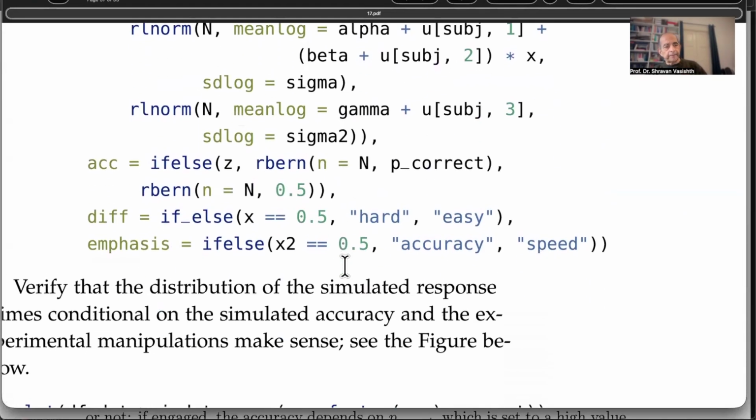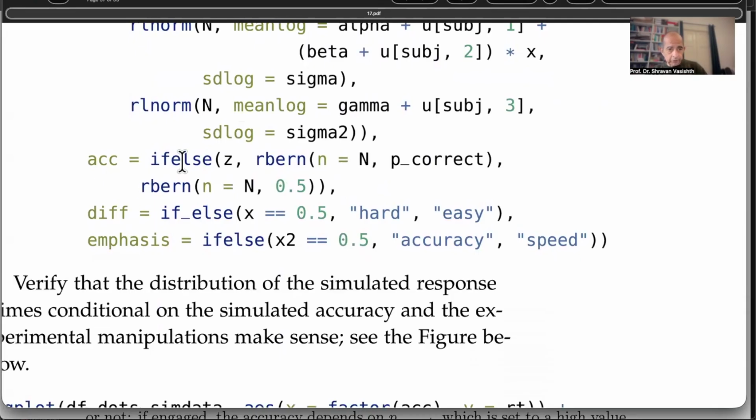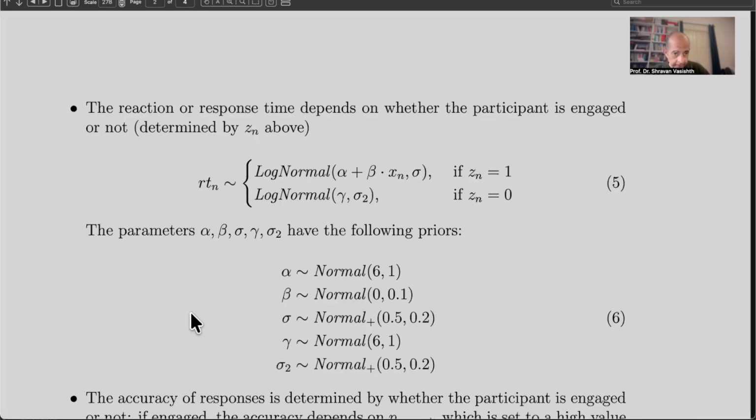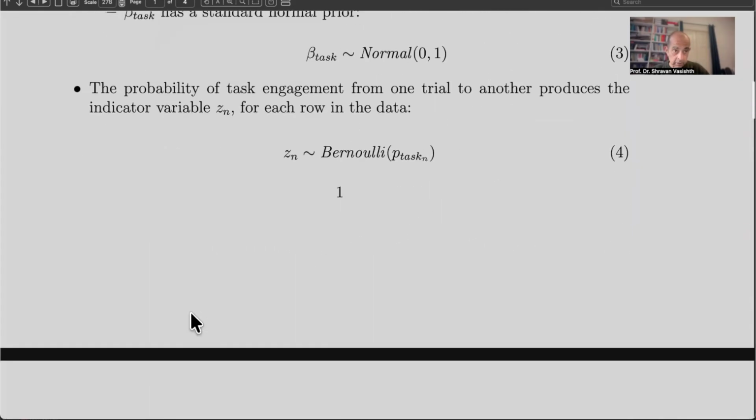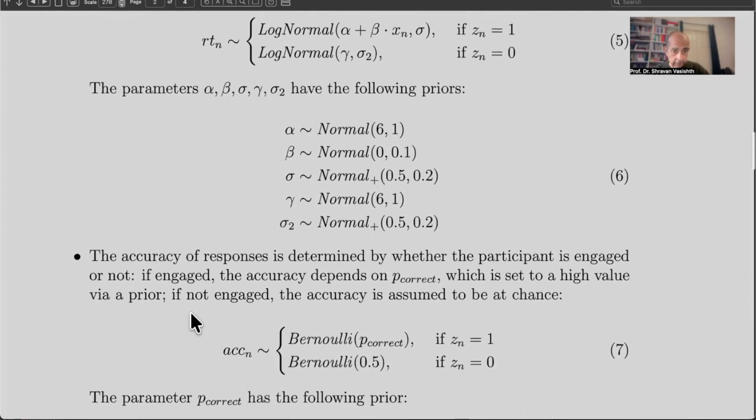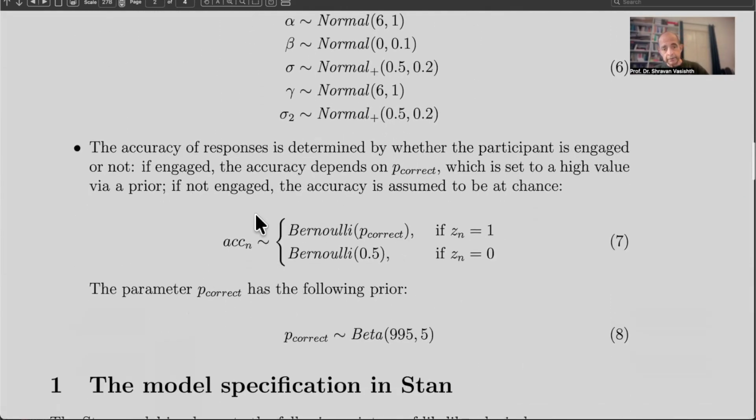And then the accuracies are being produced again in terms of whether z is 1 or 0. The accuracy part probably comes later, here. That implements this part.